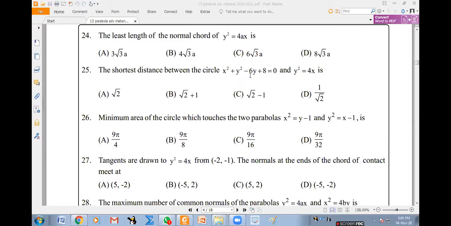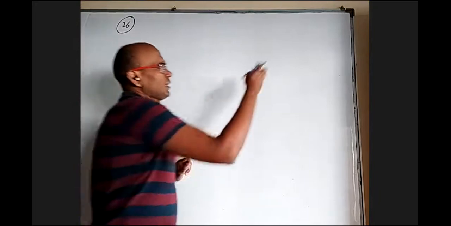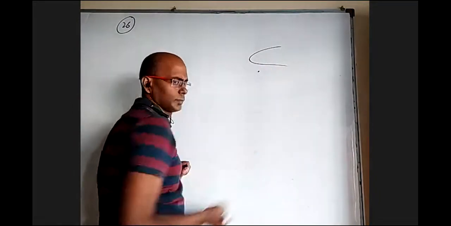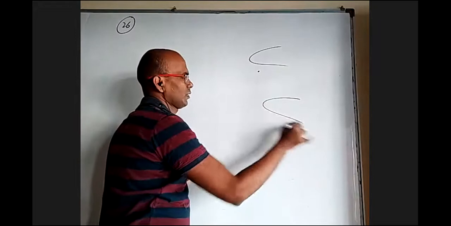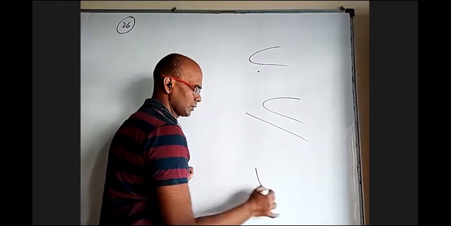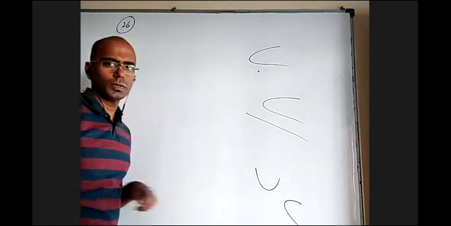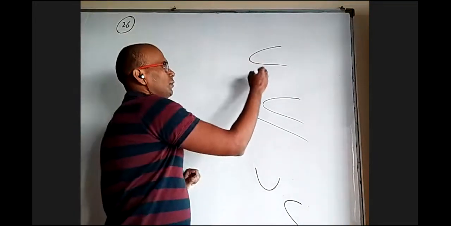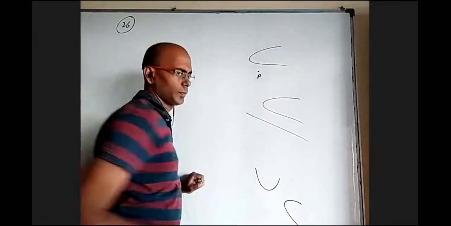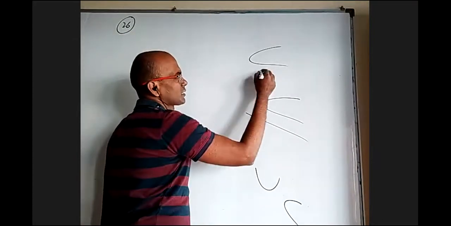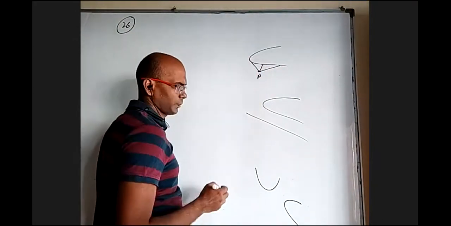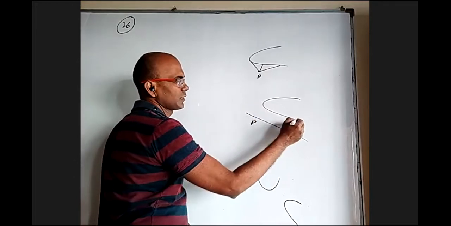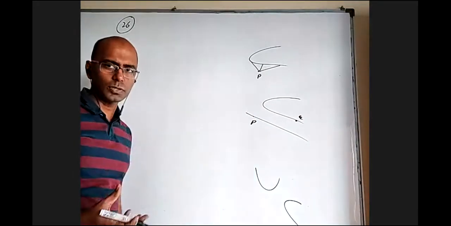Okay, question 26, even though it appears like a parabola question, we came across this in first year calculus. Whenever there is a curve and a point, a curve and a line, or a curve and another curve, if P is a fixed point and Q is a variable point, when is PQ least?